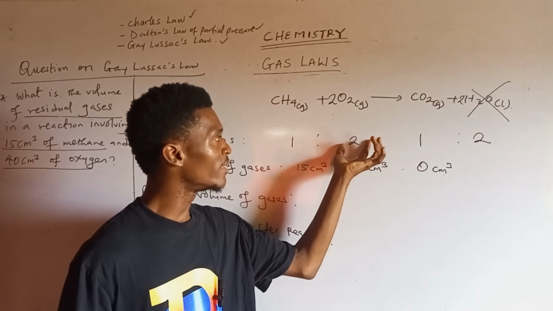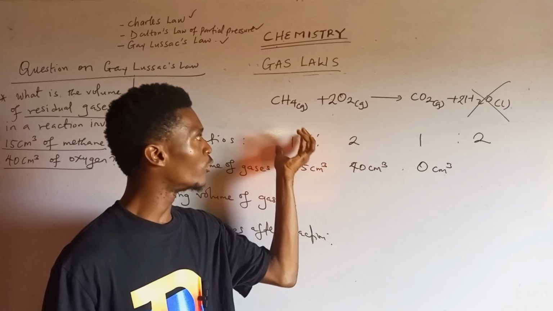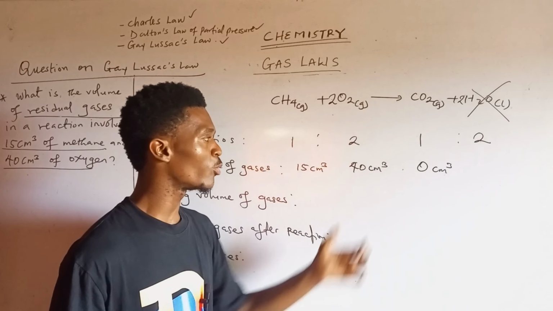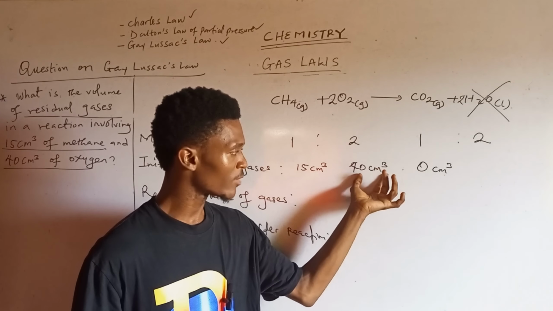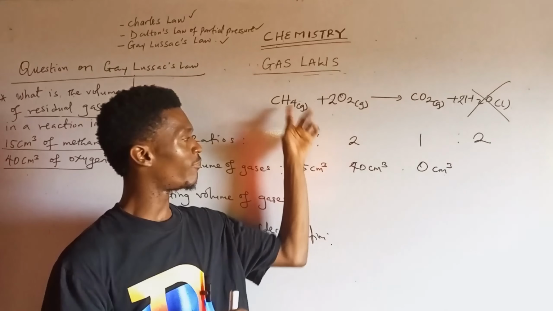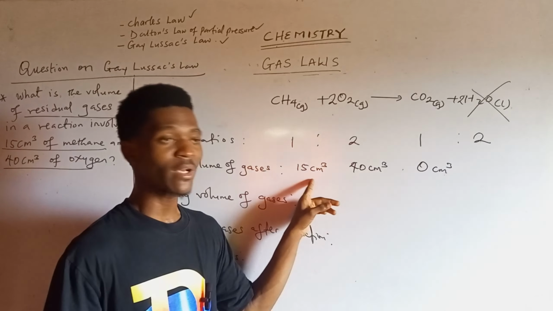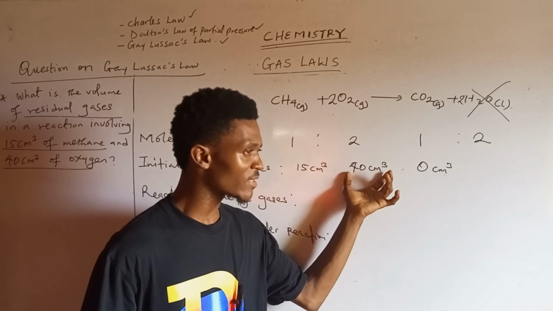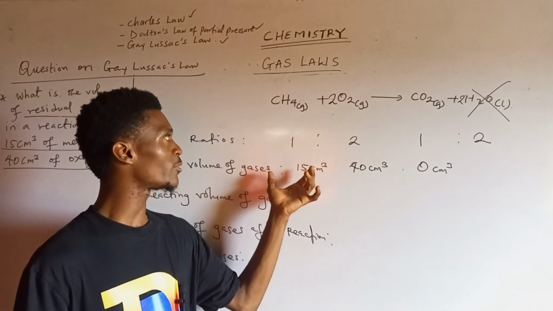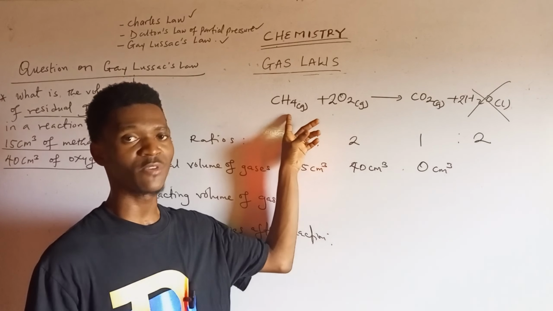So 2 of oxygen requires just 1 mole of methane to react completely. So if 2 constitutes this volume, it means that 1 of methane should be 20. So it means 40 cm³ of oxygen requires 20 cm³ of methane to completely react.